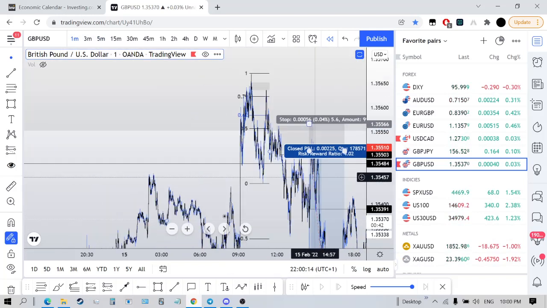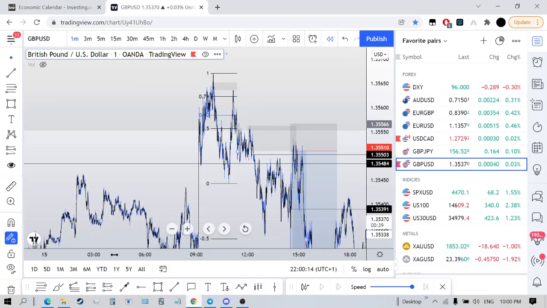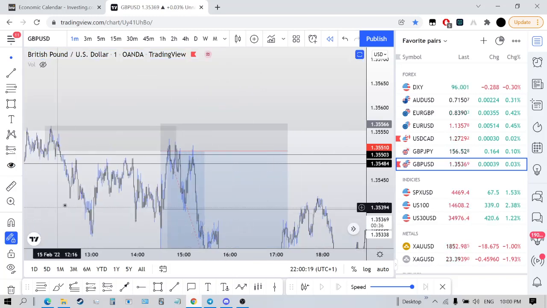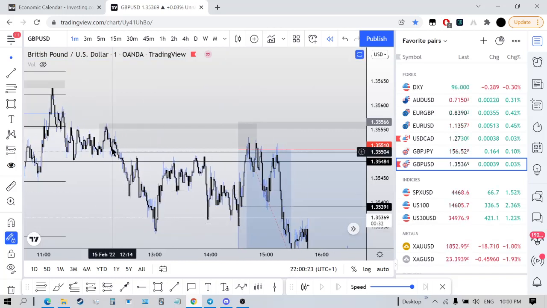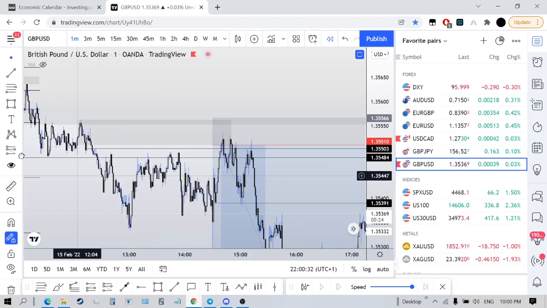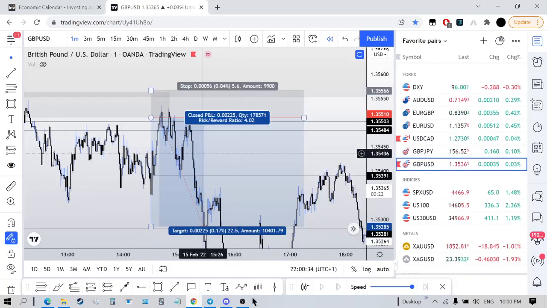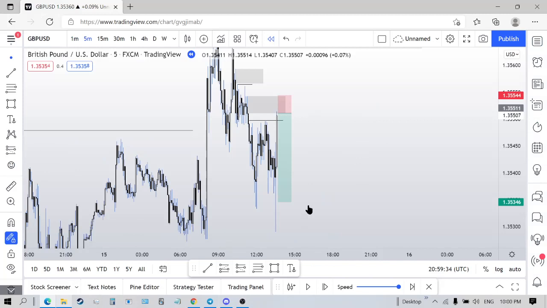Let me zoom in a little bit. Because I put it, that's why. I made sure I put it above this high to be safe. Okay, yeah, I put it above that high to be safe. So stops was 5 pips instead of 3, right? 5 pips instead of 3.